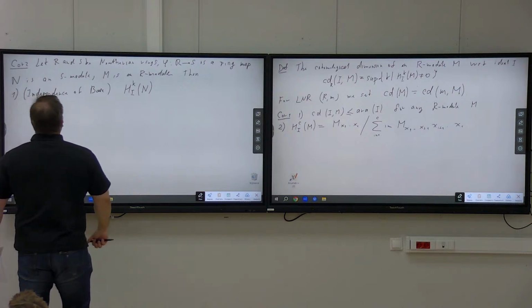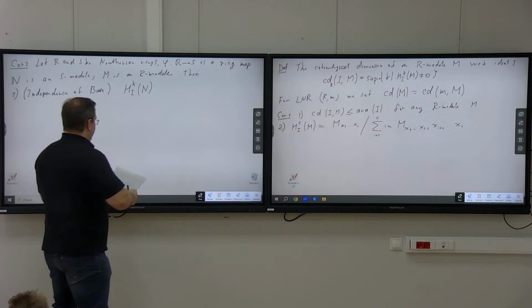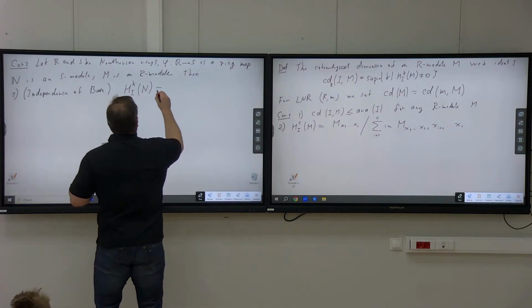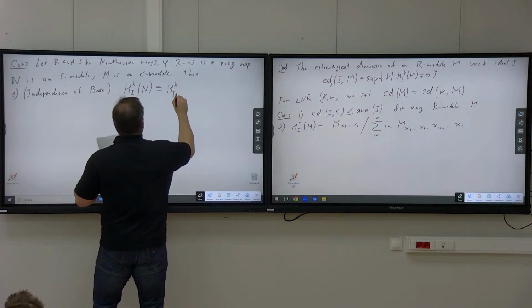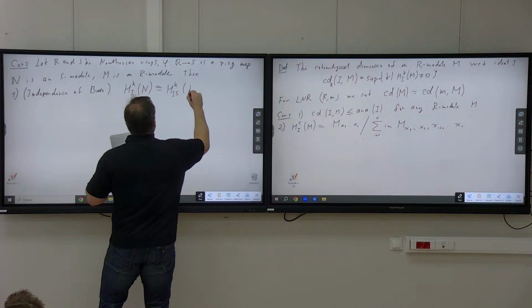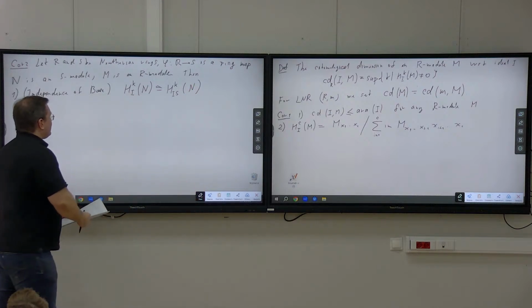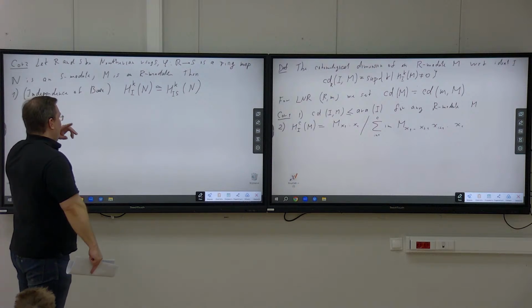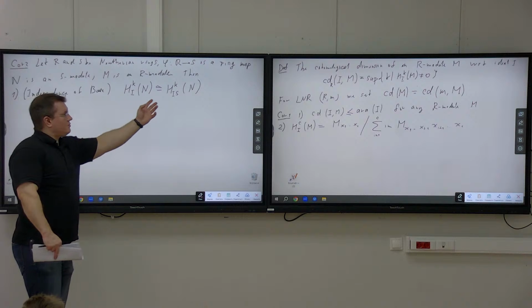So here N is an S module, but I can automatically consider this as an R module if I just restrict the scalars along map phi. So this can be identified with the local homology for the extension of the ideal IS of the module N. Well, there is no notation for the ring in the local homology, but this is kind of over R, this is over S.